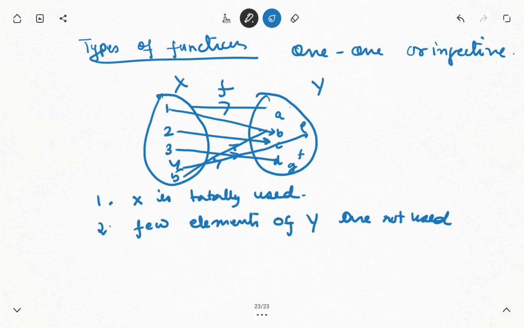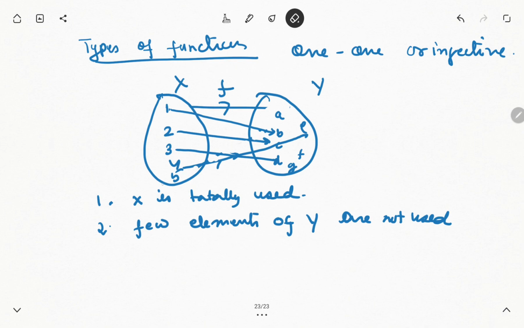Okay, same image is possible. But then in that case it will not be one-one, because two elements have the same image. So if we are going to give a one-one example, we have to delete this.